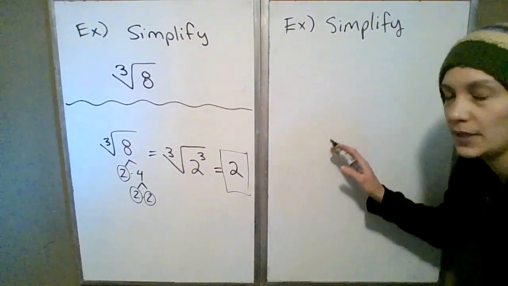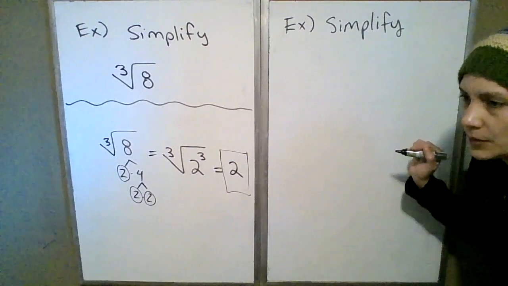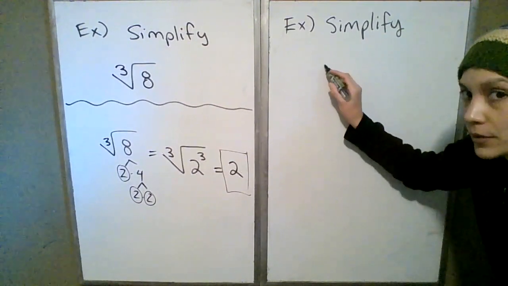Let's try simplifying the fifth root of a to the power 30.